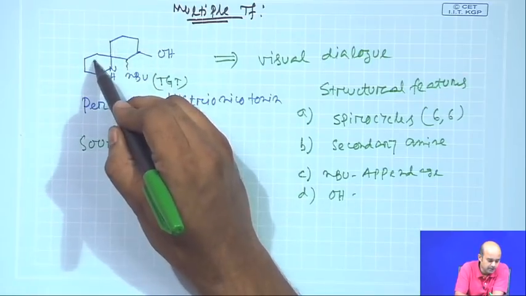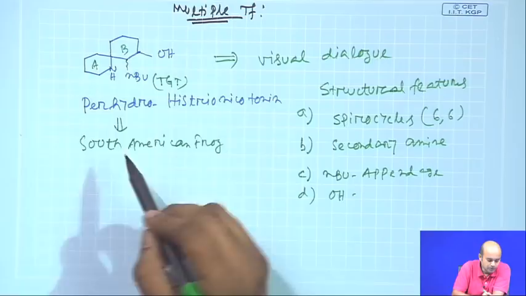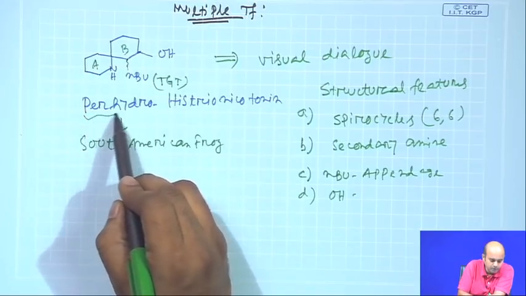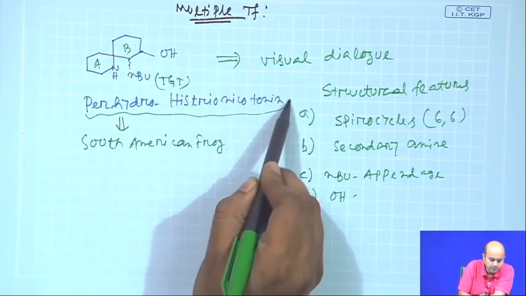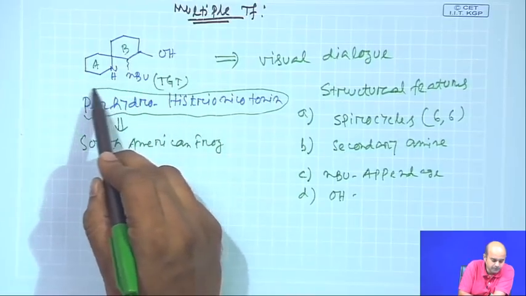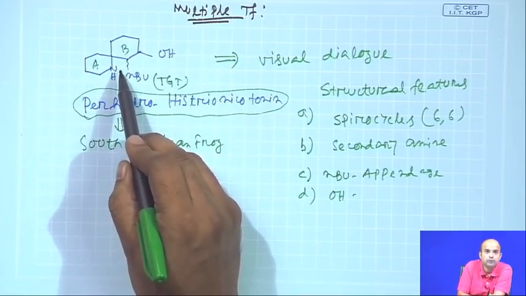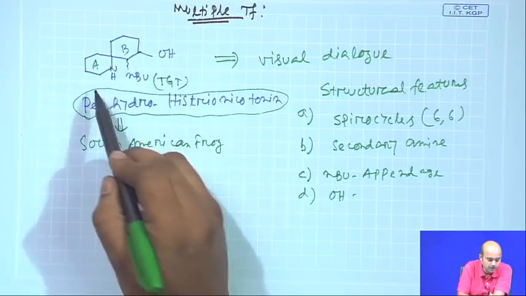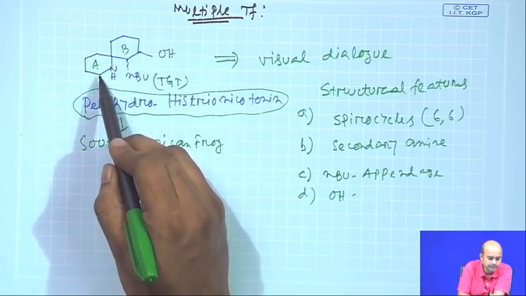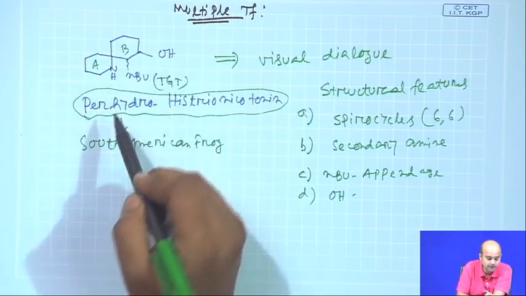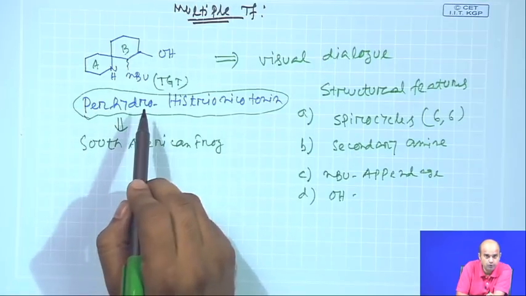There are two rings actually, A ring and B ring. Actually, in true sense, this molecule is not the natural product. The natural product is something else. I have just put a smaller fragment of the natural product. In the natural product, there are some other functional groups here. So, initially what I said, that this molecule is a natural product, is not true actually.